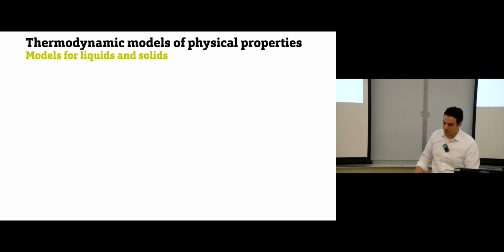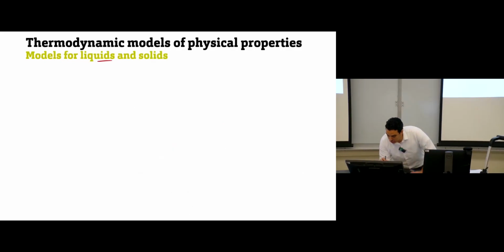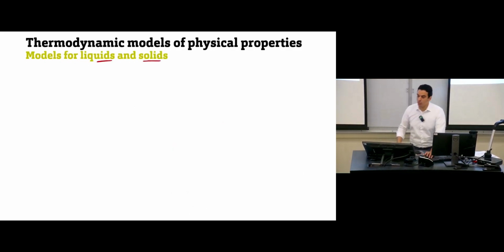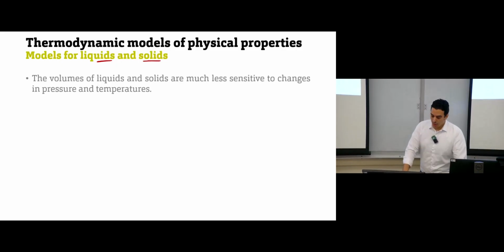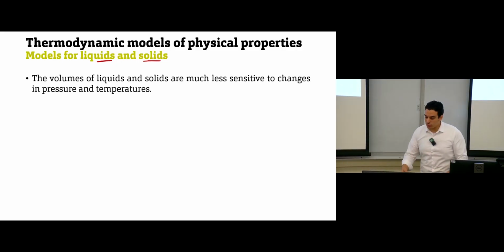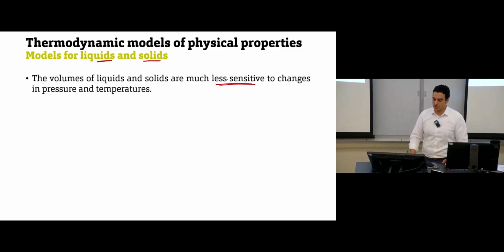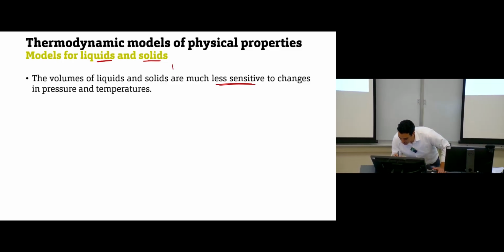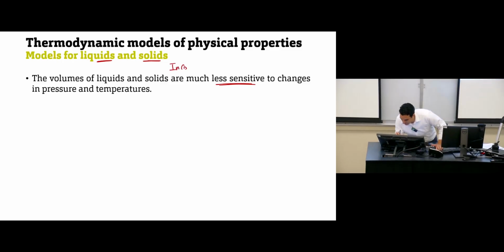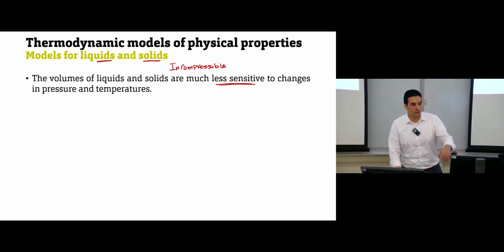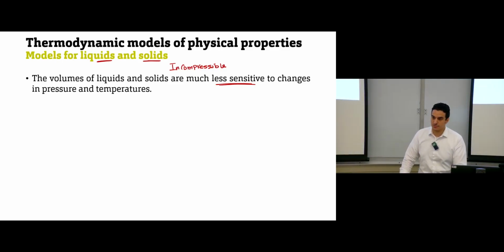So we will start by looking at liquids and solids. We know that for liquids and solids, the system is less sensitive to changes in temperature and pressure. Liquids or solids are classified as incompressible. Their density and volume are not changed with temperature and pressure.